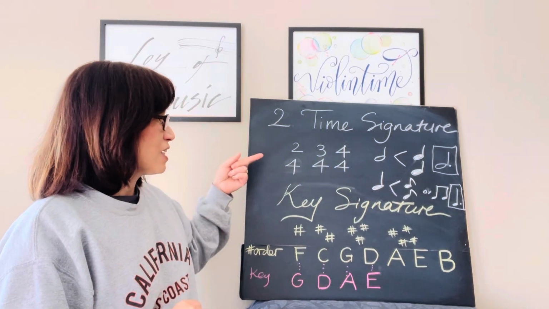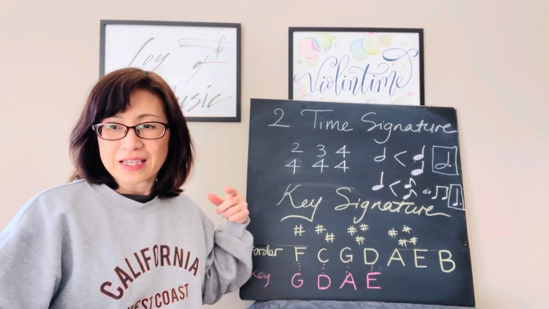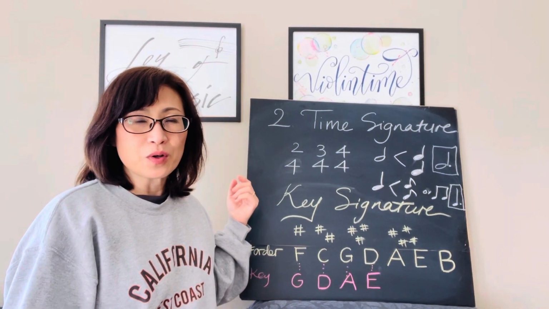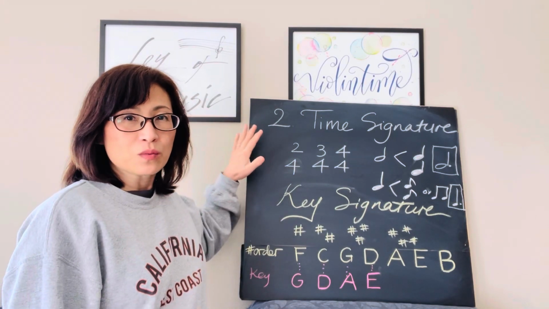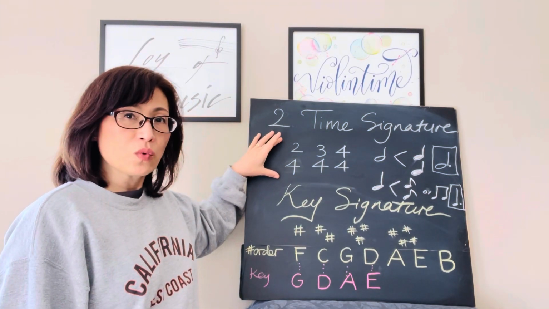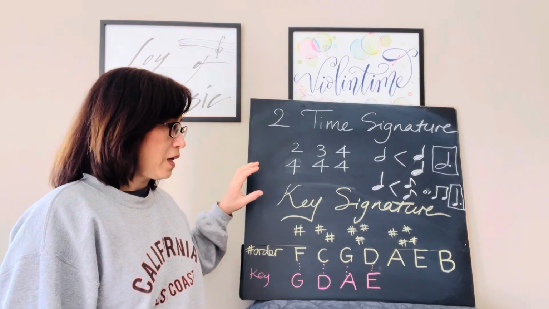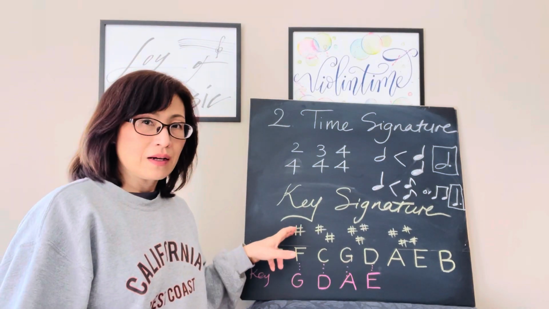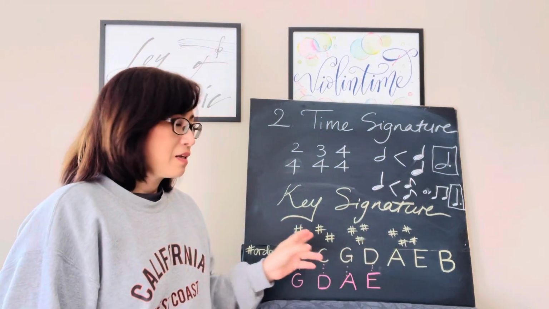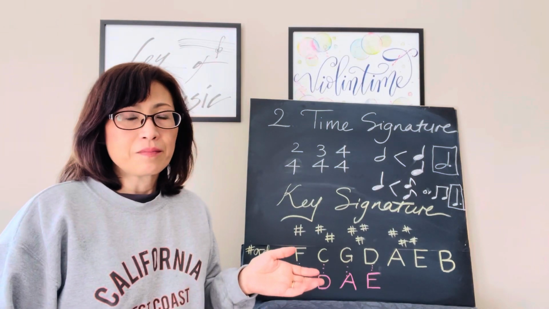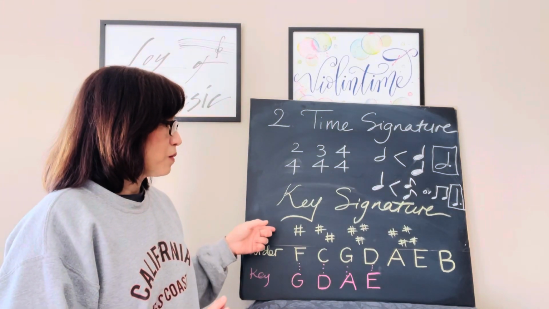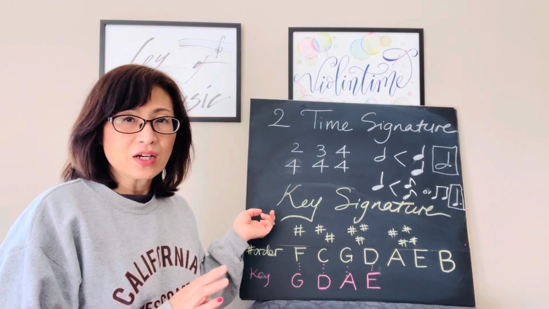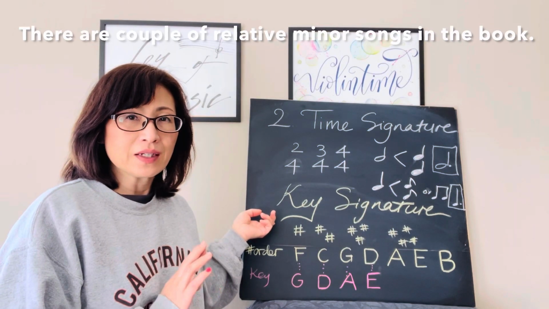Time signature, if you look at a song in the book, in the beginning it will show you either 2/4, 3/4, 4/4, and I think there are up to 4 sharps. There are no flats, so mainly major. I think there's one A minor.